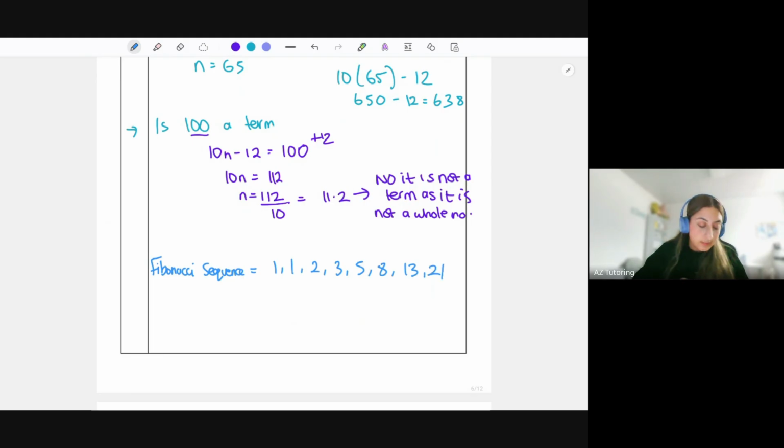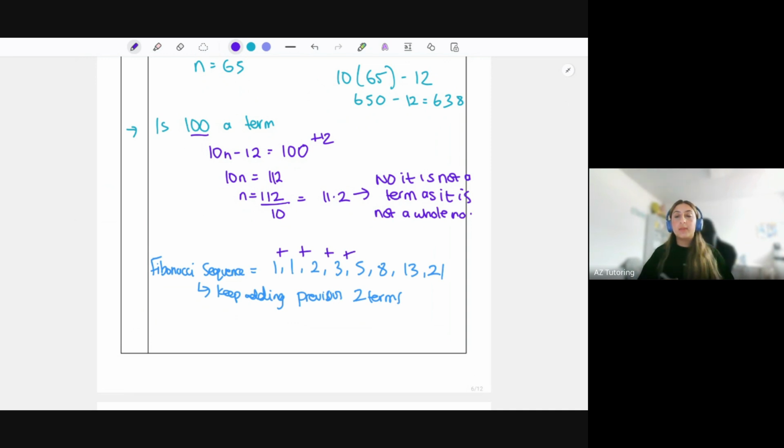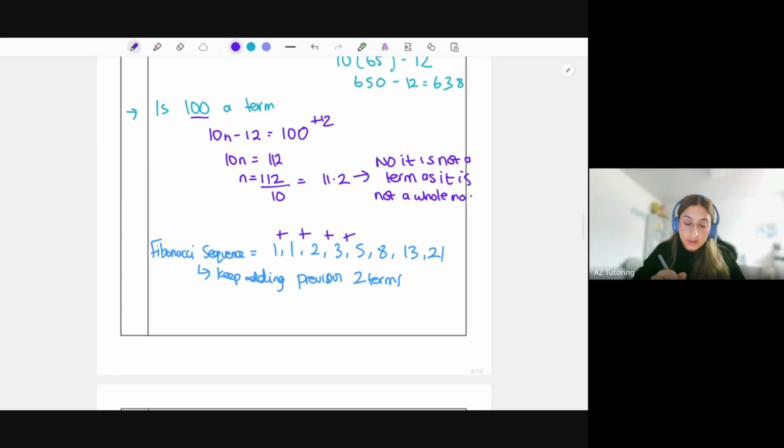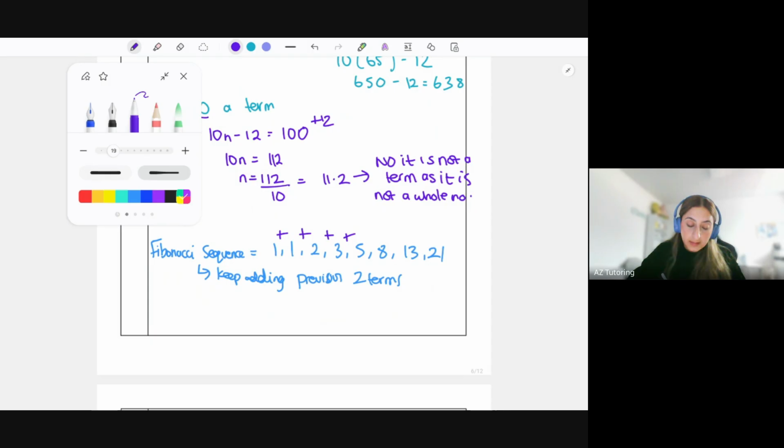So all you're doing is you keep adding the previous two terms. If you can see here, these two are adding to make 2, 1 and 2 is adding to make 3, 2 and 3 is added to make 5. So the previous two terms are adding to make the next term.